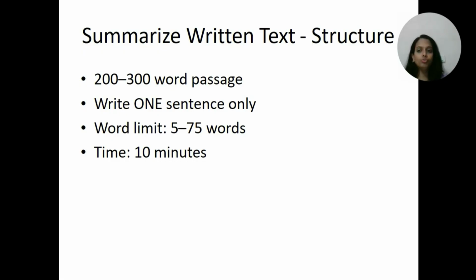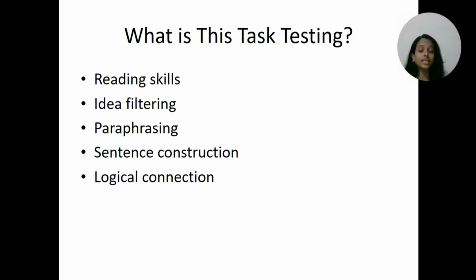Okay? So let's see what the task is actually testing here. It's not just a summary task. This task is secretly testing multiple skills at the same time. Yes, it tests your reading intelligence. That means, can you quickly understand what is important, what is not important, and your idea filtering ability, which means, can you remove examples, repetitions, minor details, and it tests your paraphrasing skills.